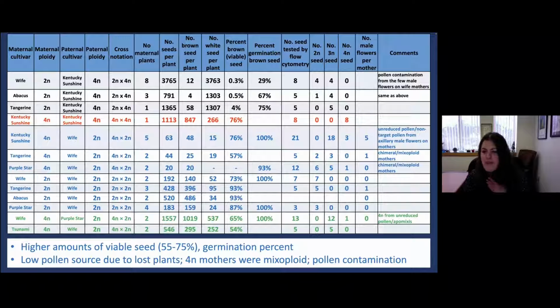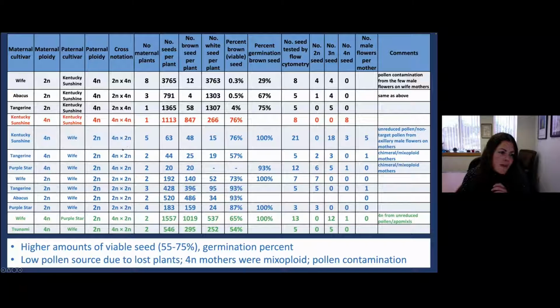We also did have some mixoploid plants. As you see here, we had some diploids, and you'll notice they were with this tangerine cultivar and this purple star cultivar. We had diploids and triploids and tetraploid. And we think in this case, while it could be pollen contamination from a random male flower on, let's say, the Kentucky Sunshine, because this cultivar does that, which is probably why we had tetraploids.